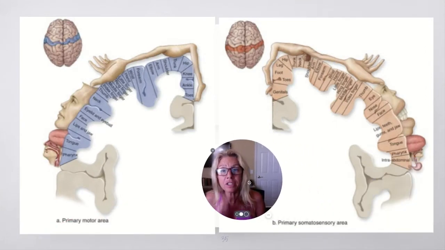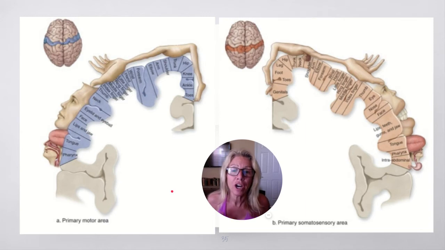And in fact, here you can see how much of your cerebral cortex is dedicated to different parts of your body. So let's look over here at the right first. This is your somatosensory area. Based on how large the structure is, you can tell how much of your brain is processing that sensory information. So look at all the sensory information surrounding your face and your hands and your tongue, right?